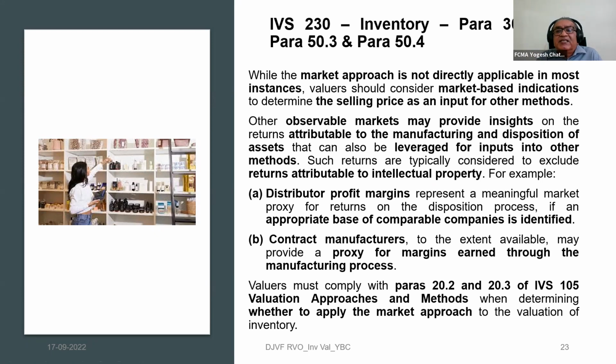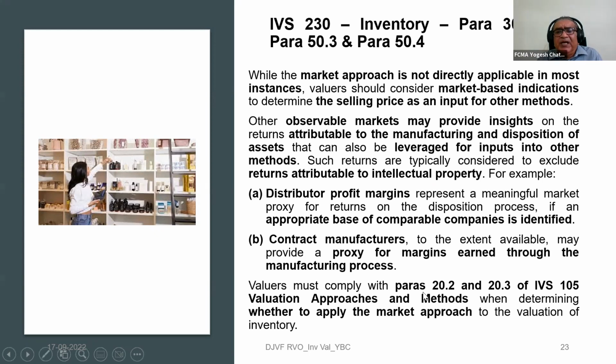Such returns are typically considered to exclude returns attributable to the intellectual property. Examples are given of distributor profit margins or the contract manufacturer. Due to shortage of time, we will not go into detail of this.